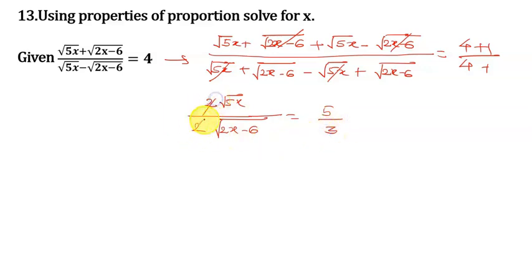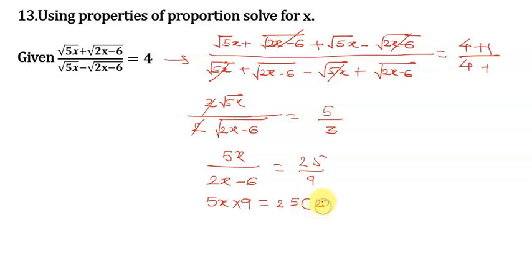Again here these two get cancelled. Squaring on both sides, then you will get 5x upon 2x minus 6 is equal to 25 upon 9. Next, cross multiplication, that is 5x into 9 is equal to 25 in bracket 2x minus 6.